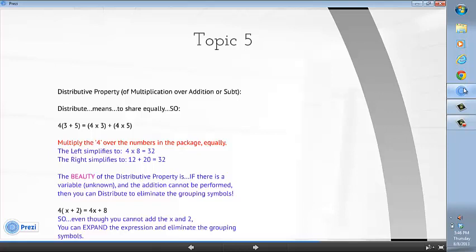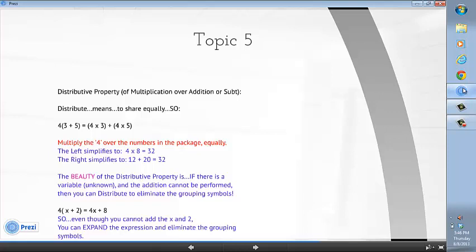Now, the beauty of the distributive property is that sometimes it's actually necessary because you have an unknown inside the parentheses. And when that happens, then you can't actually carry out the addition or possibly subtraction inside the parentheses. And so the only way to eliminate the grouping symbols is to apply the distributive property.